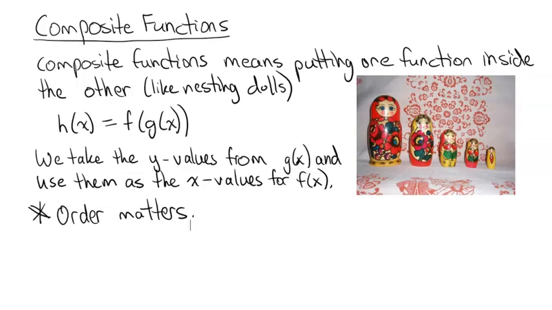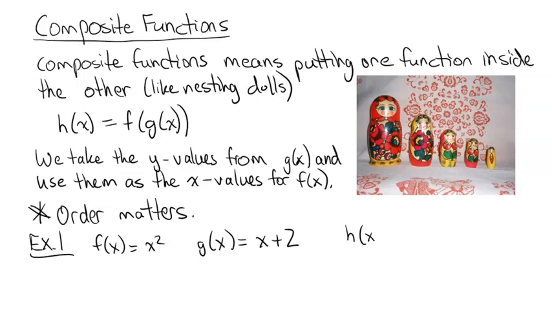So the first example, this is example 1, f of x is equal to x squared, and g of x is equal to x plus 2. And so what that means is if I say h of x is f of g of x, then wherever I see the x in f of x, I'm replacing the x with the g of x, which is x plus 2.